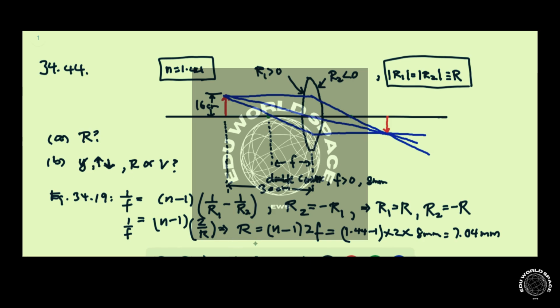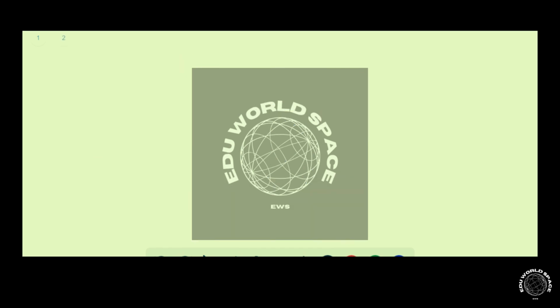So let's go to the next page and solve for it. So we're asked to find the image height y prime, and whether or not it's erect or inverted or real or virtual.